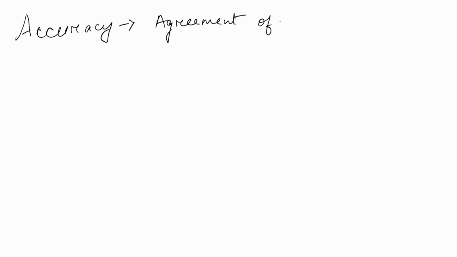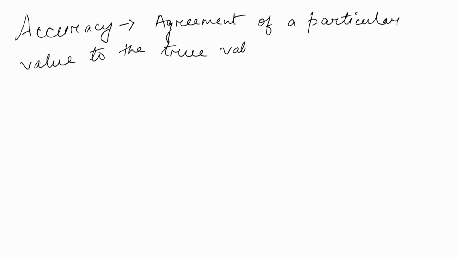So what is the definition of accuracy? Accuracy is defined as agreement of a particular value to the true value of the result.